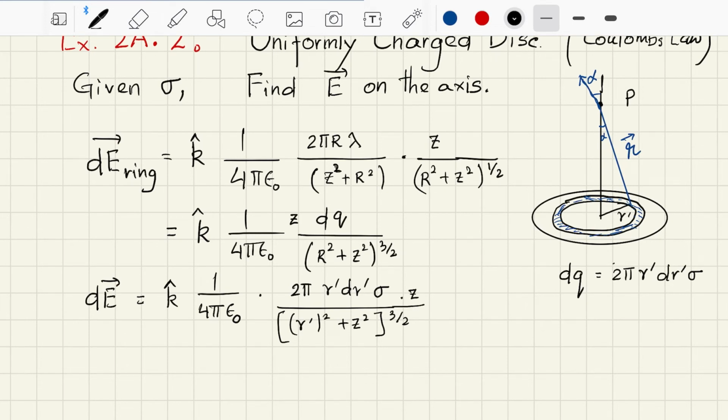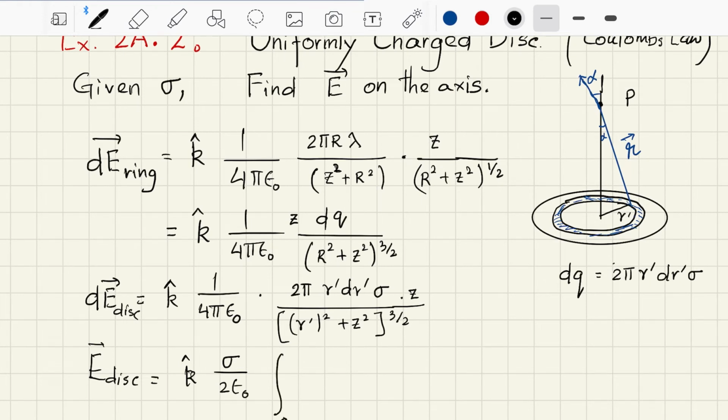Okay, so E disk, this is disk. So E disk then becomes, we can simplify a lot, let's say k sigma by 2 epsilon naught.